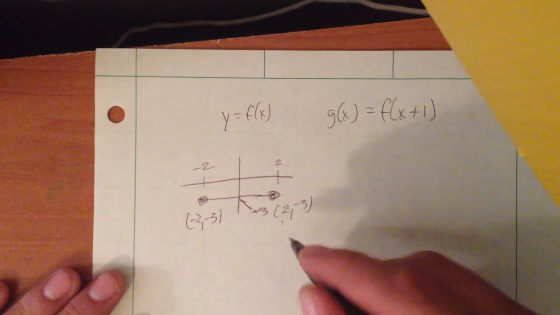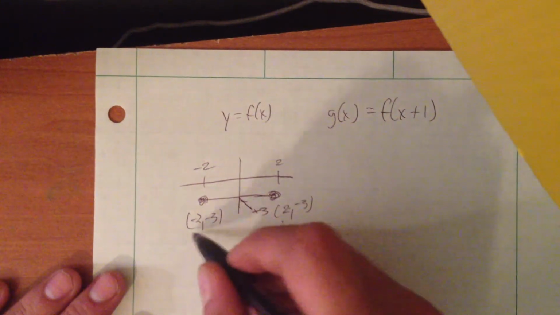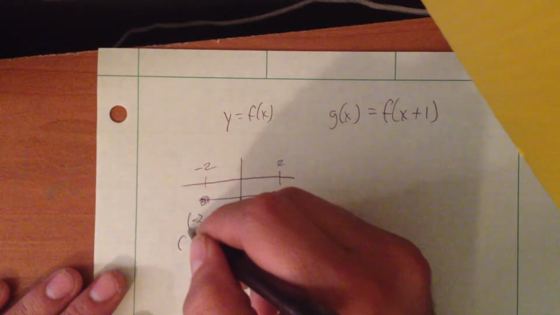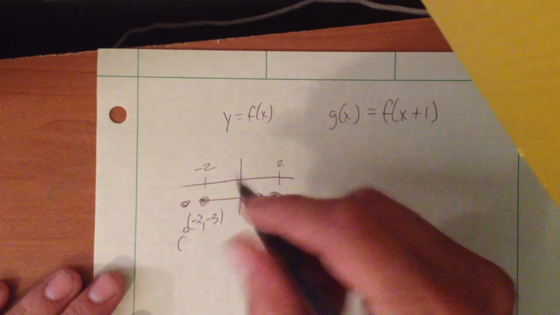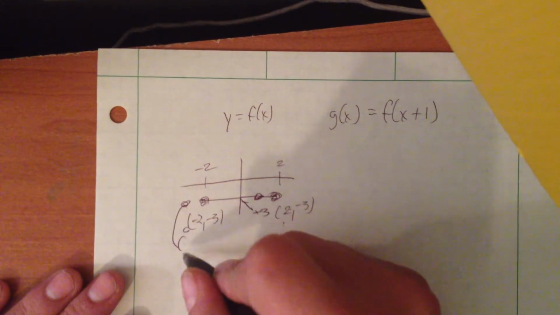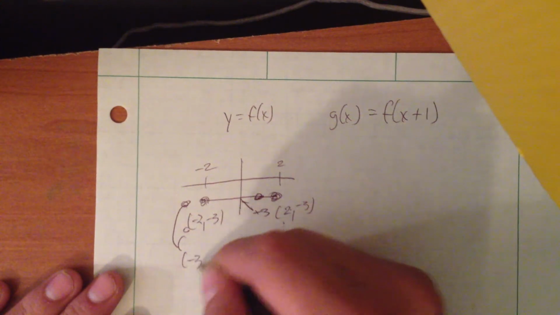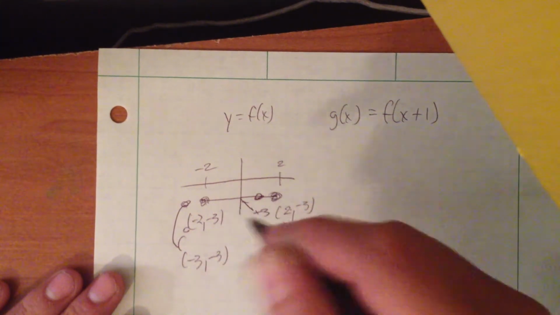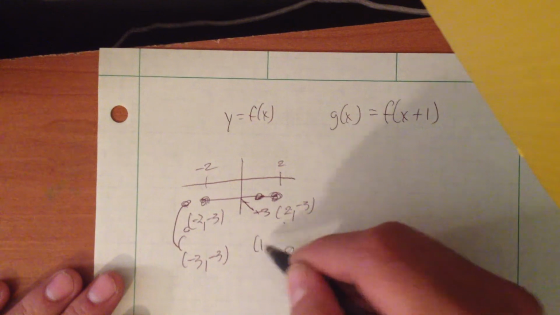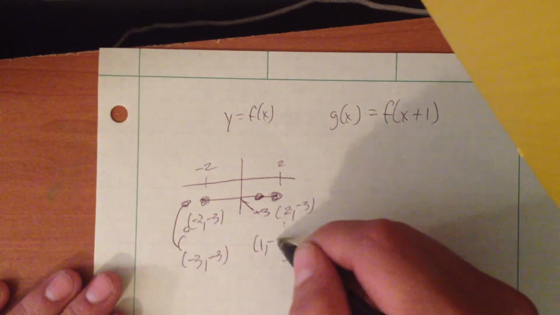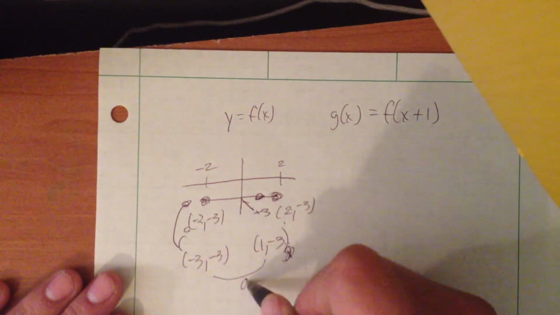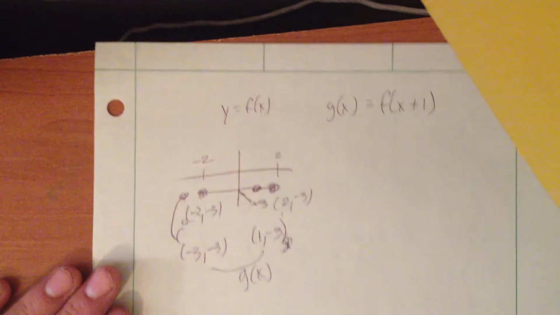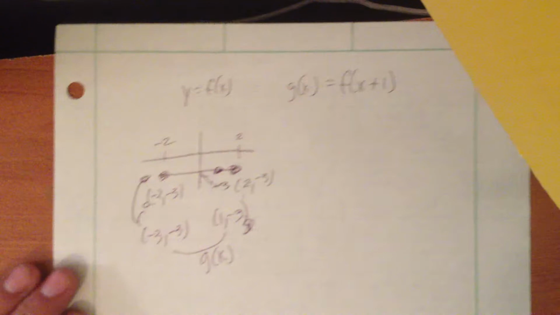So the g of x points now are going to be over here and over here: -3, -3 and 1, -3. Those are the points for g of x.